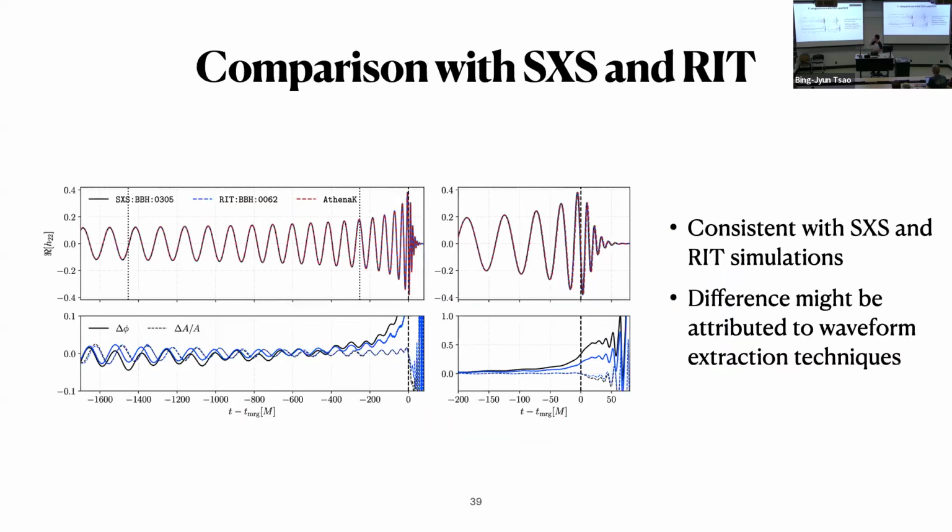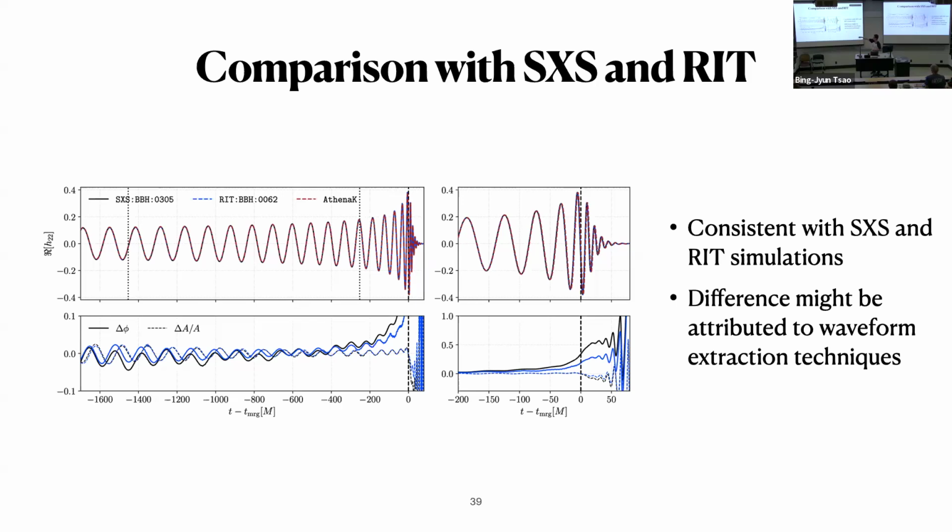We have then compared with SXS and the RIT group on the 2-2 mode amplitude. On top we are plotting our waveform on top of the SXS and RIT waveforms, and at the bottom we show the phase difference as well as the fractional amplitude difference. Overall we find that they are quite consistent.